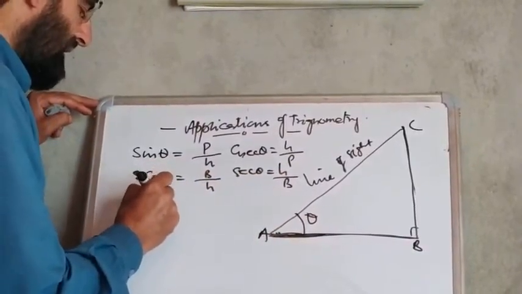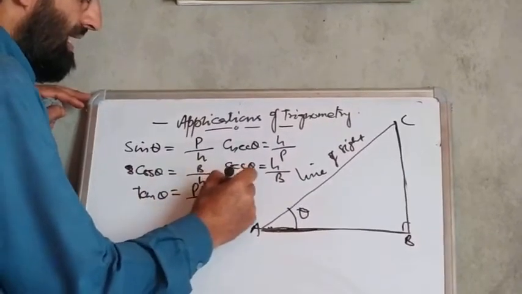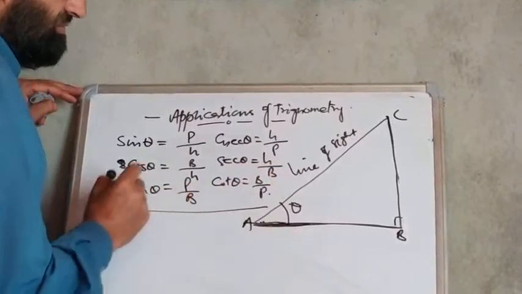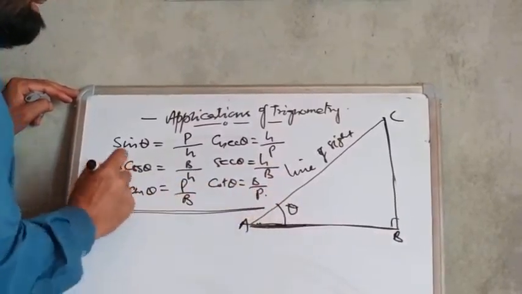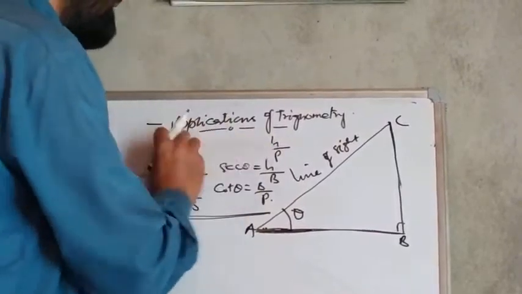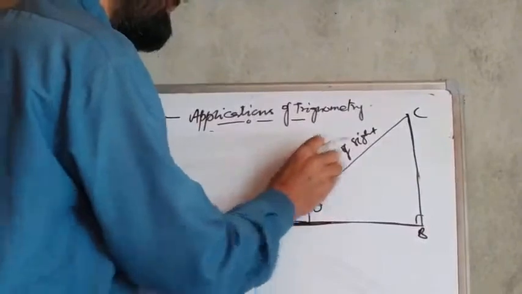Similarly, tan theta, we know it is perpendicular divided by base, and cot theta is base by perpendicular. So this we already know, but we have to remember them because we frequently use them.